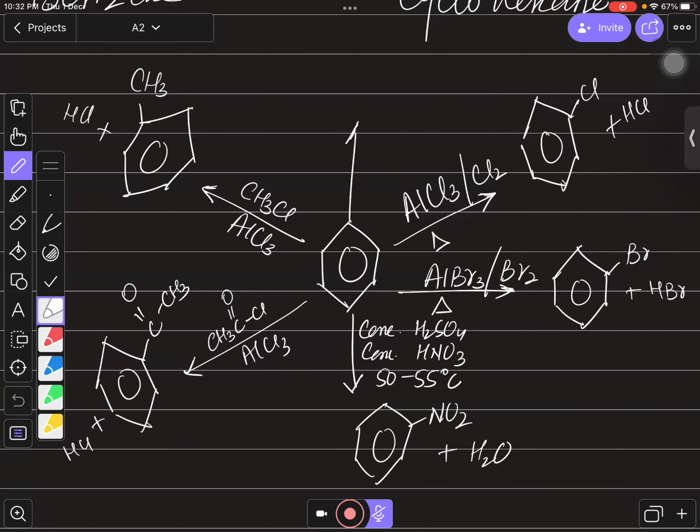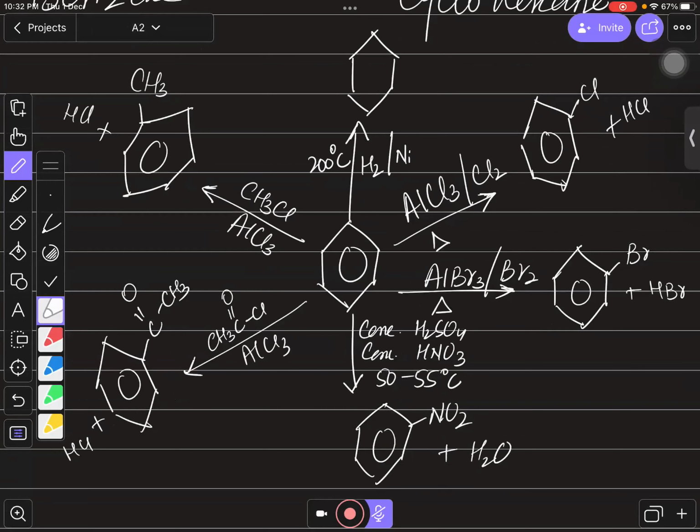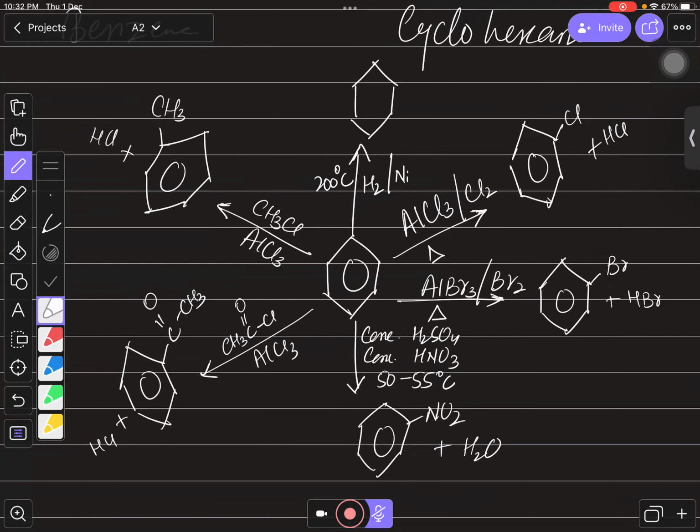And one more thing: if you want to react with hydrogen along with nickel catalyst at 200 degrees centigrade temperature, you will find cyclohexane will form. Is that clear, everyone? This is the revision map for benzene reactions. So we actually have 6 reactions for benzene, and these are the reactions that you need to remember. Yes, sir. Yes, everyone. Any problem? No, sir.